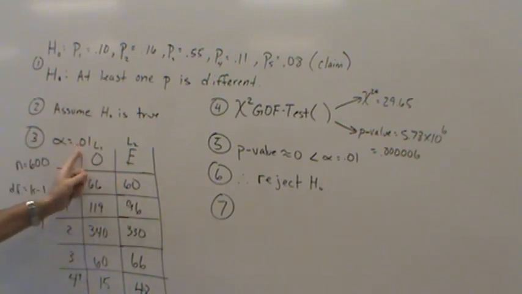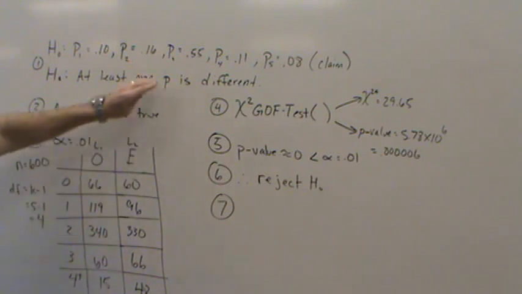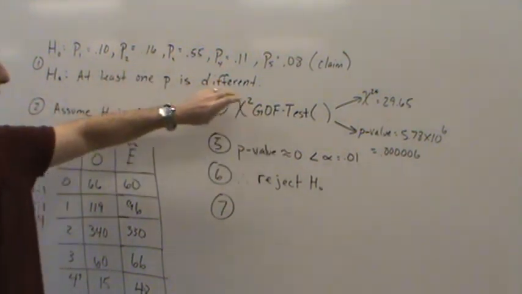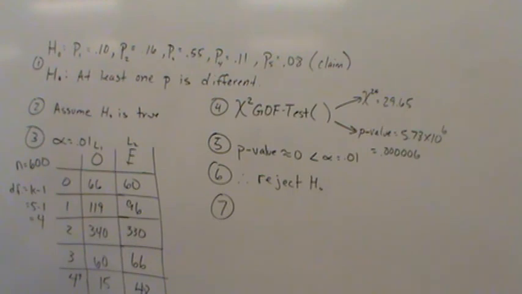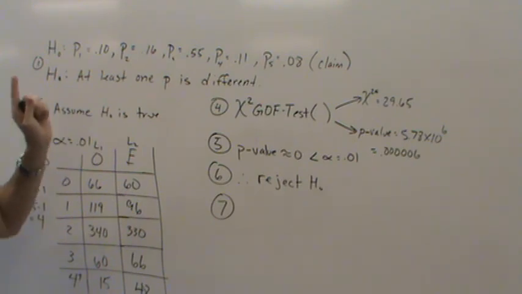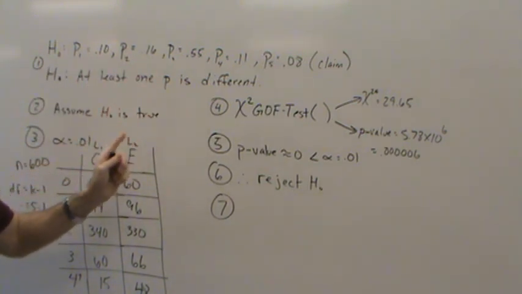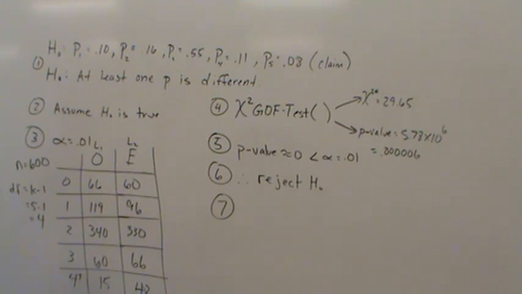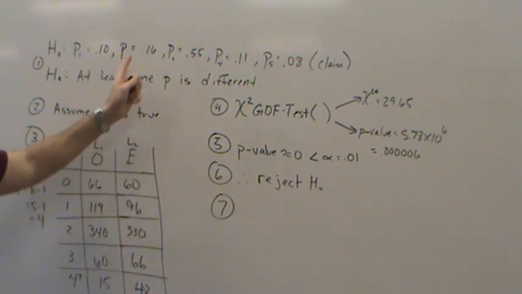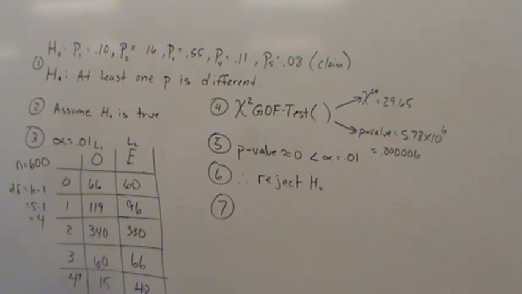Well, at an alpha level of 0.01, there is strong evidence, in fact, I would say that there is very strong evidence to reject the claim that the distribution of the number of televisions for families in the far west United States follows the distribution for the United States as a whole.